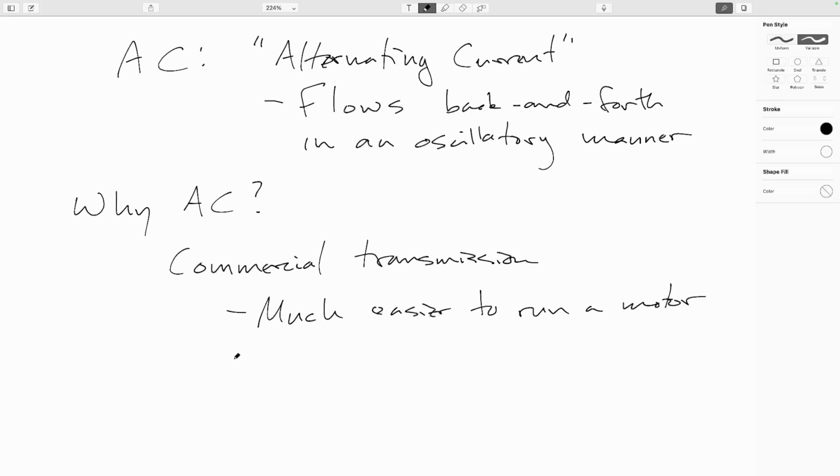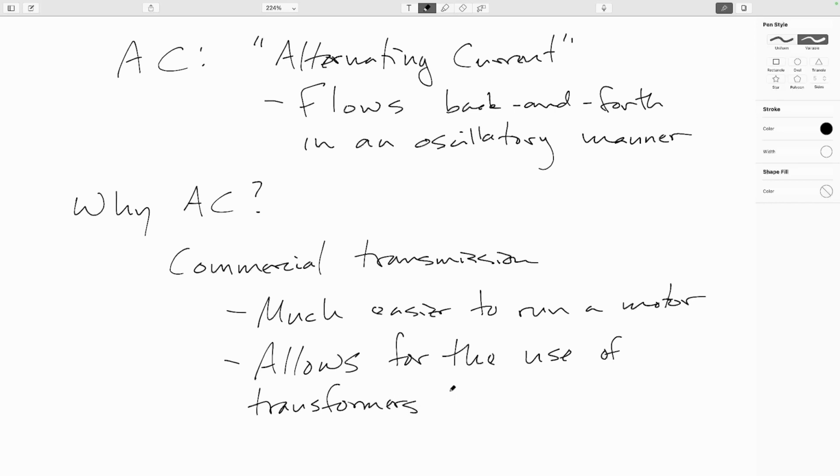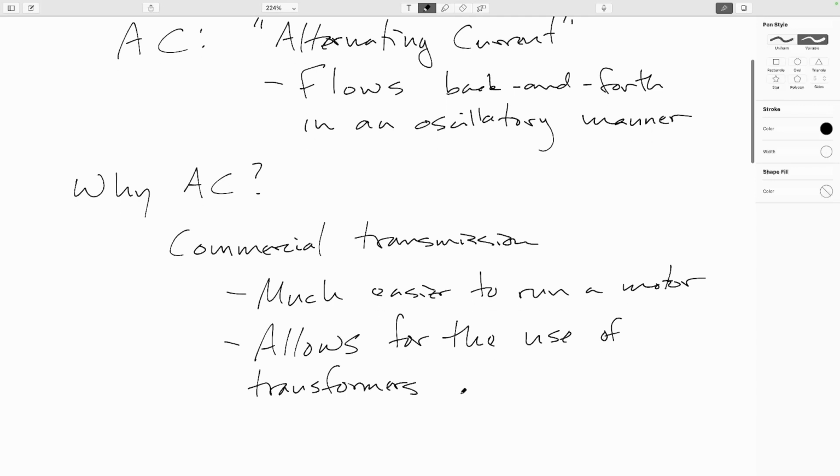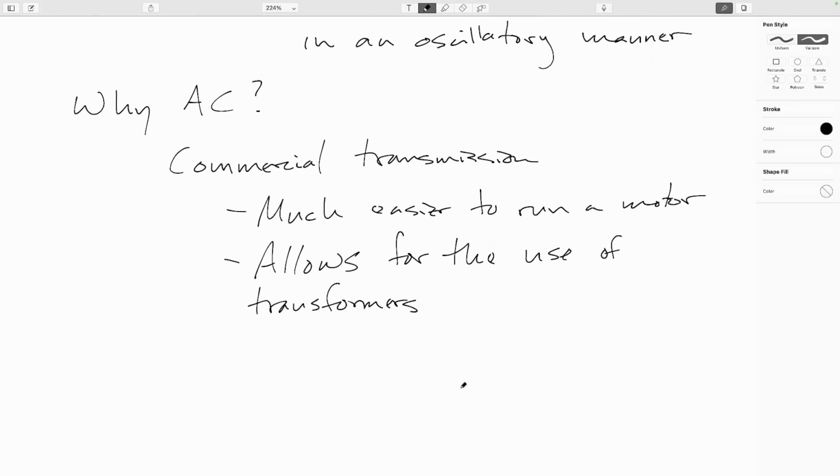And the other reason, which is the bigger reason actually, well, commercial customers really like this one, but from the power company's perspective, it also allows for the use of transformers. These are uniquely AC devices that we'll run across in the next video.